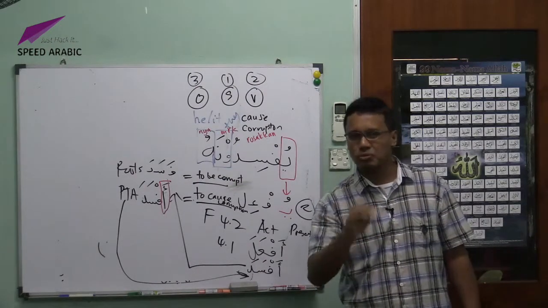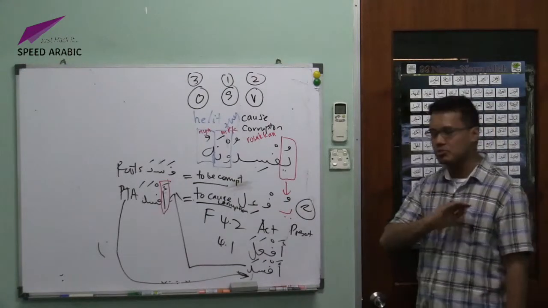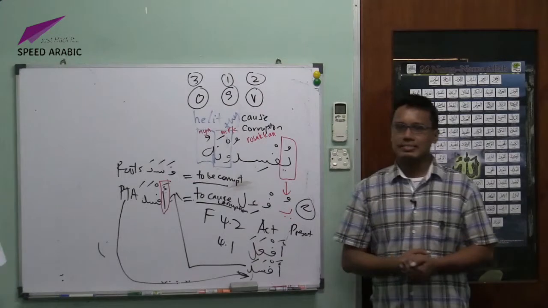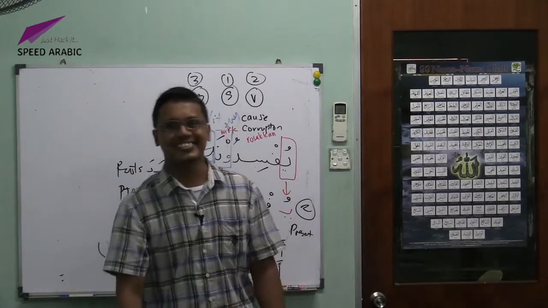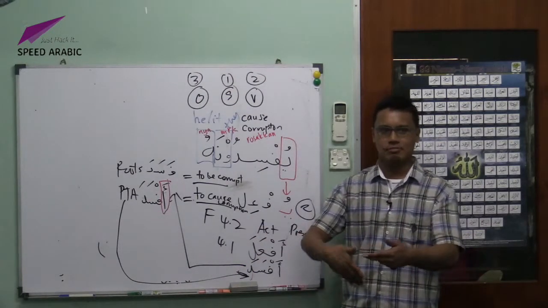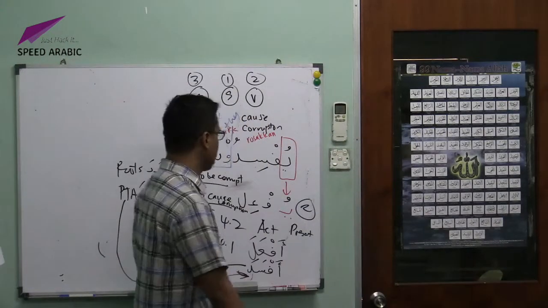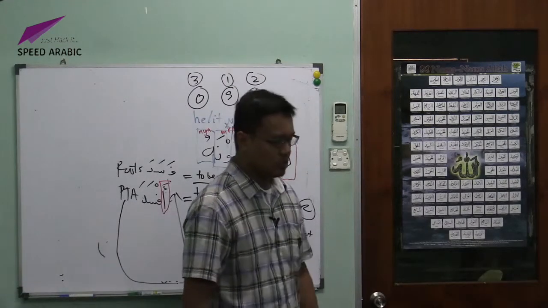Form 1 can also mean "me-kan", but not all the time. Okay, but form 2 and 4 usually, most likely, it's "me-kan". Do you understand "me-kan", ya Abdul Ghani? No. "Me-kan" means cause. "Me-kan" means cause. So, yeah. So we are done with yufsidu.